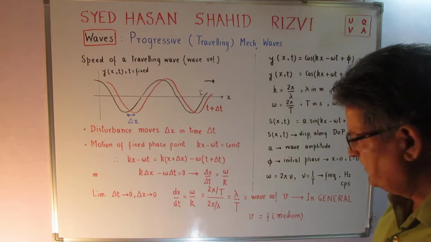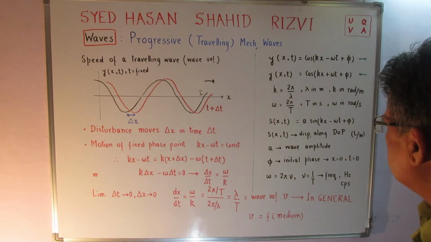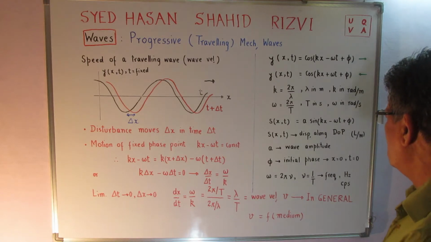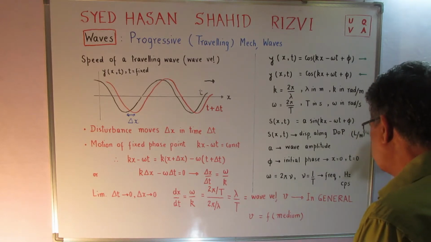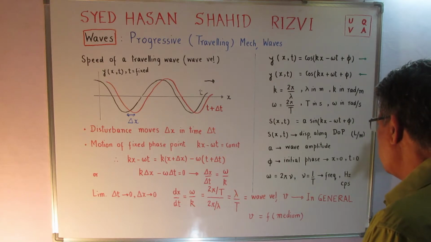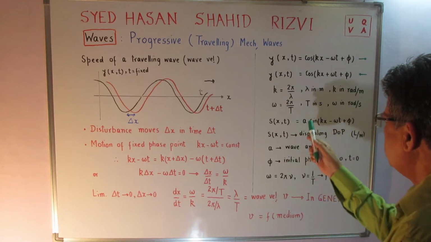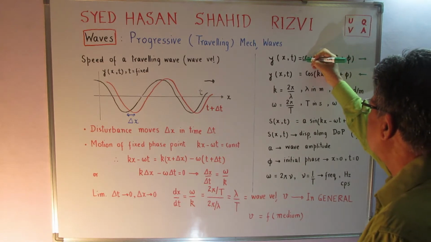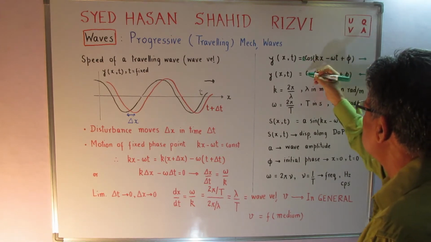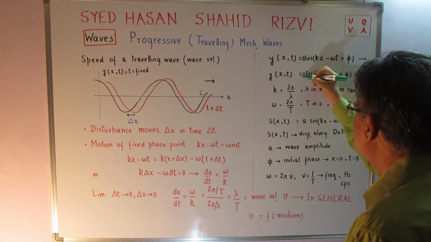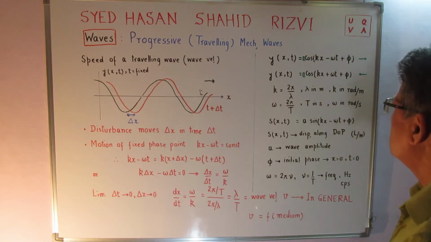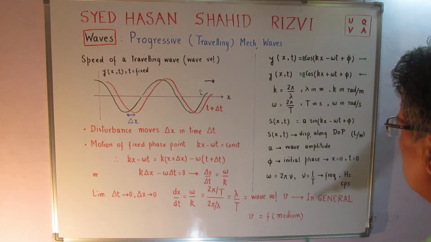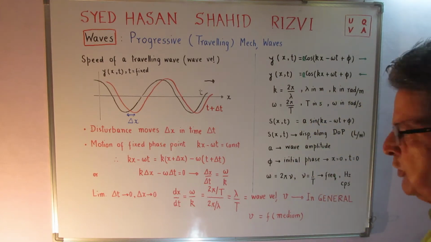Doesn't matter at all, because they are replaceable with each other. Only in the discussions you have to be careful. Now this is A cos. So A and A, they are the wave amplitude.